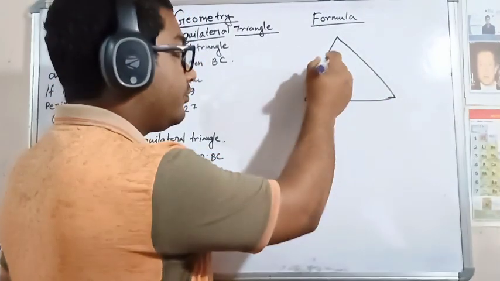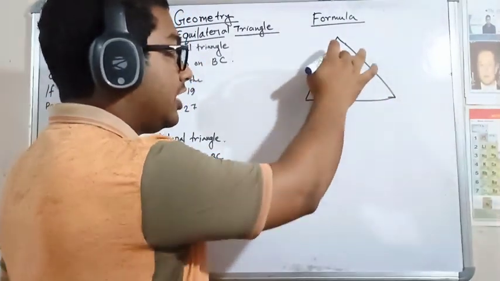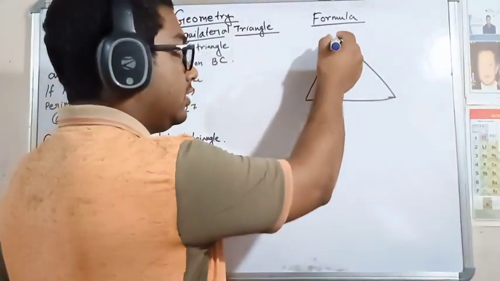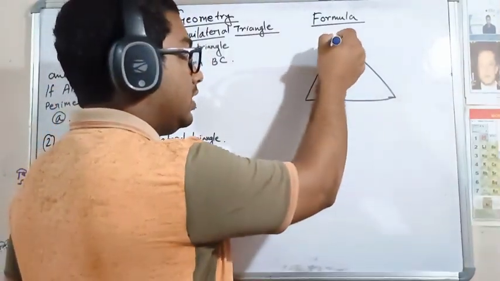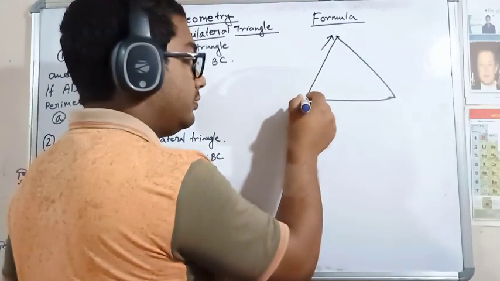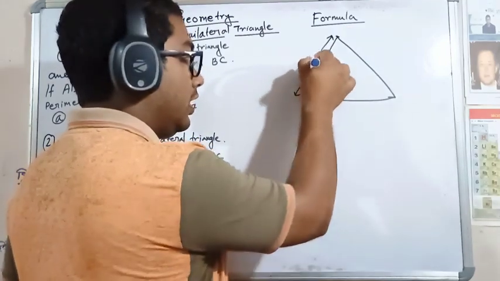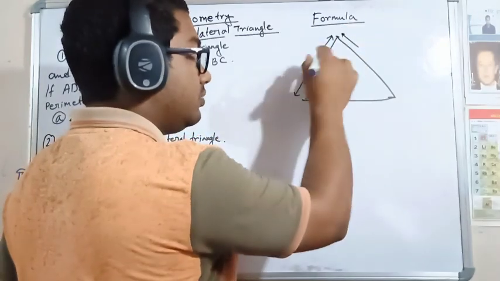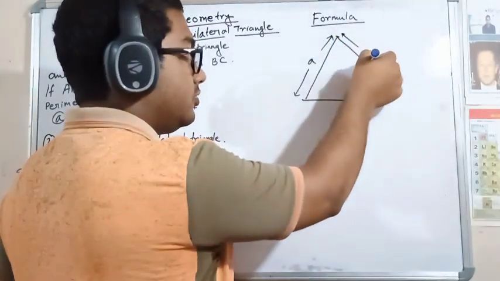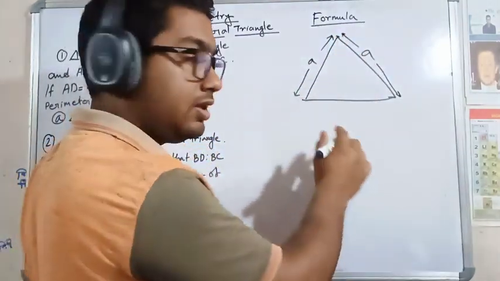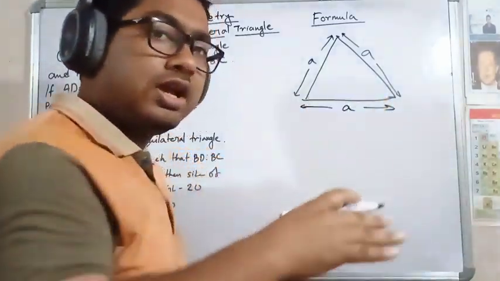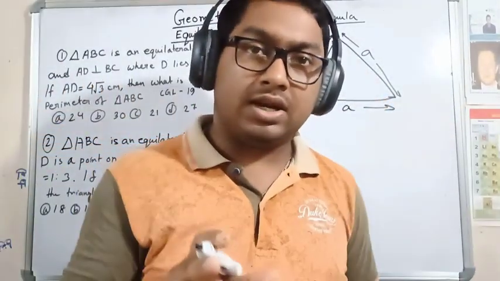where every arm of this triangle is equal. Suppose the length of this arm is A. Similarly, the length or measurement of this arm is A. And similarly, the three arms are of equal length.